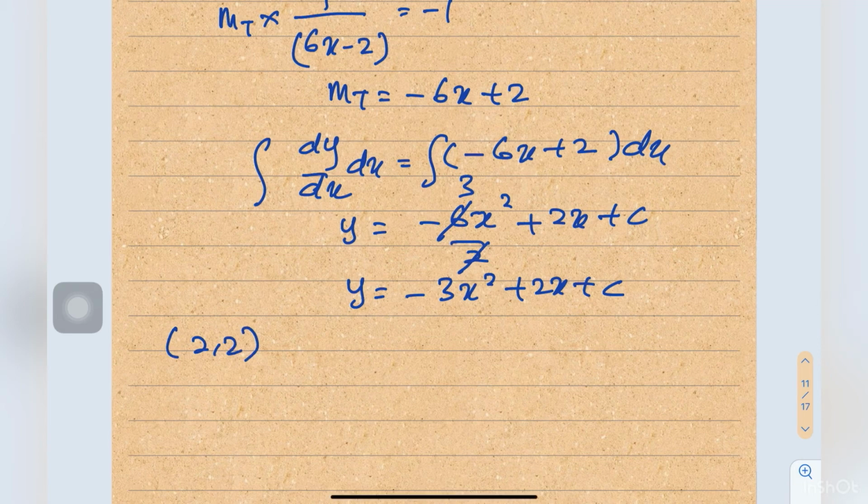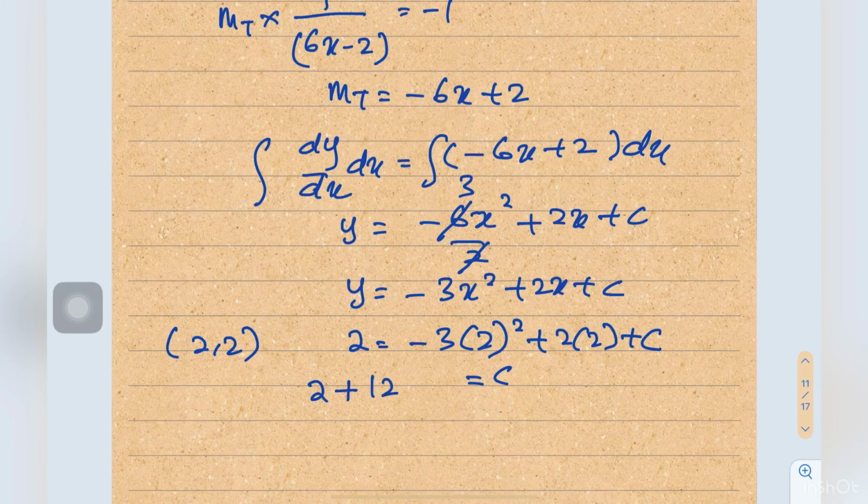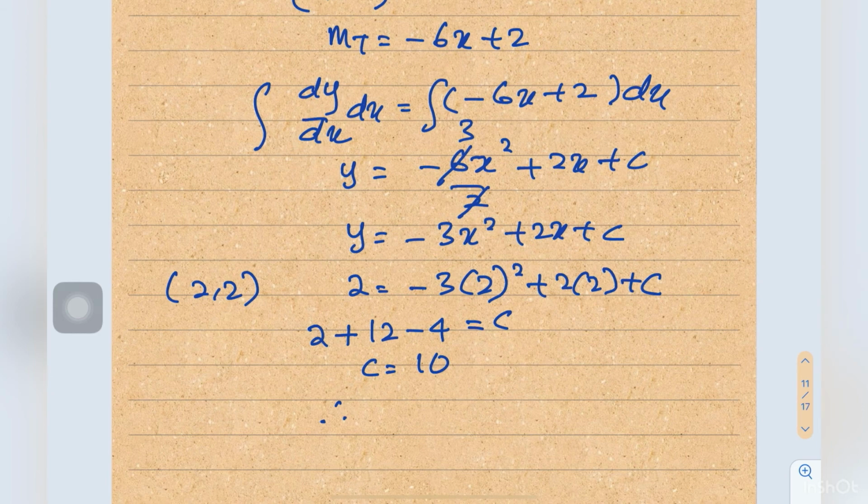To find c, you substitute the coordinates of x and y. So 2 equals -3(2 squared) plus 2 times 2 plus c. So c equals 2 plus 12 minus 4, so c equals 10. Therefore the equation of the curve is y equals -3x squared plus 2x plus 10.